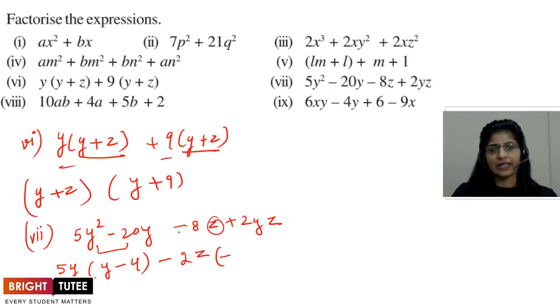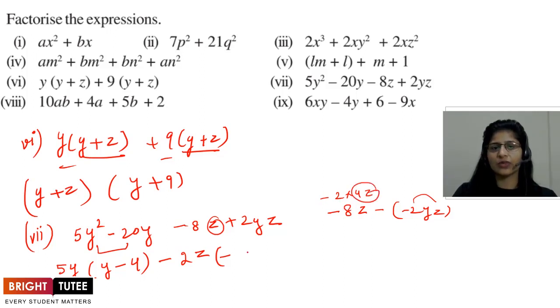Let me write it as minus 8z minus of minus 2yz. So minus 2z I have taken common, so this can be written as minus 2z into (4 minus y). So we have 4 minus y, but we need y minus 4.